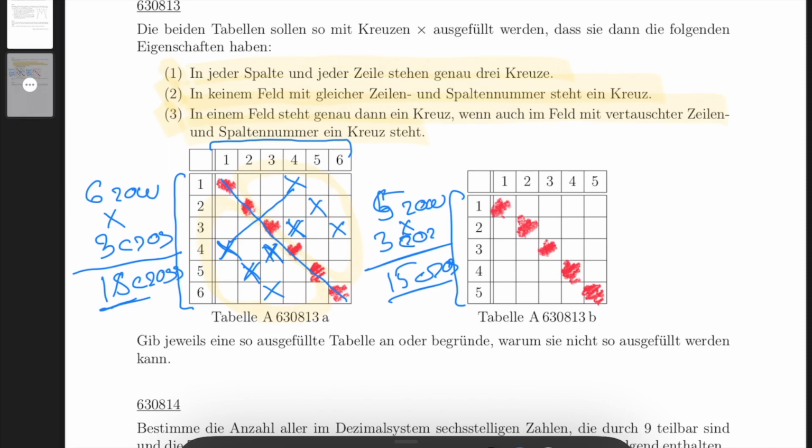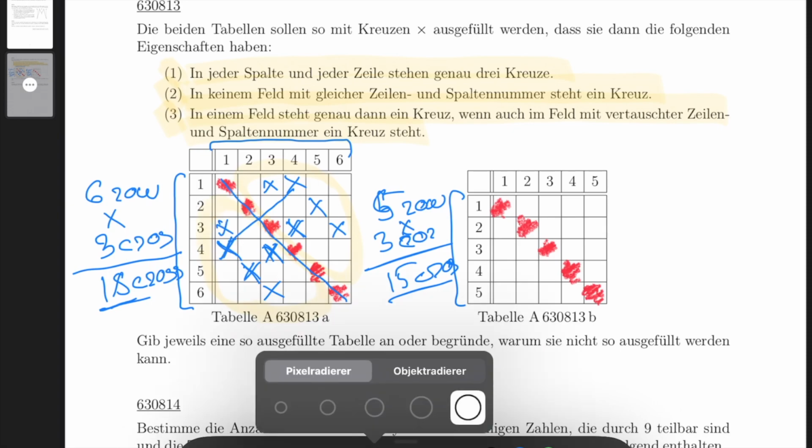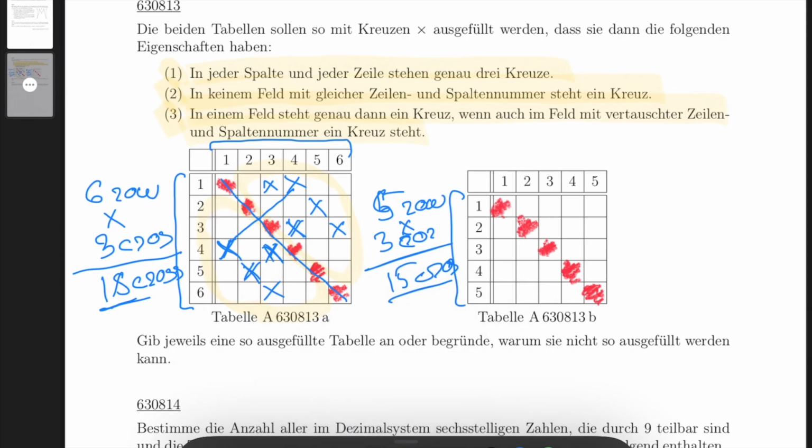Because we couldn't put, like, 3 here and 4 here. A case like this couldn't exist, because we need a matching cross here, right? That's why it should always be even. So with this information, we know that the second solution, where we have 15 crosses, is not even.